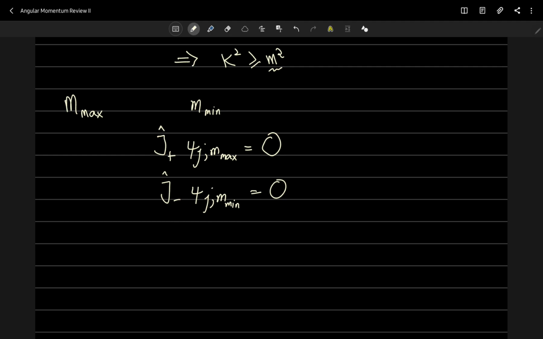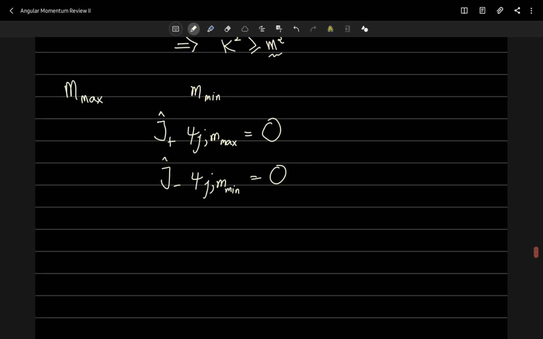So if you have reached some maximum value of the m quantum number, you cannot raise its angular momentum, so it would just vanish, and likewise for the minimum value of m.